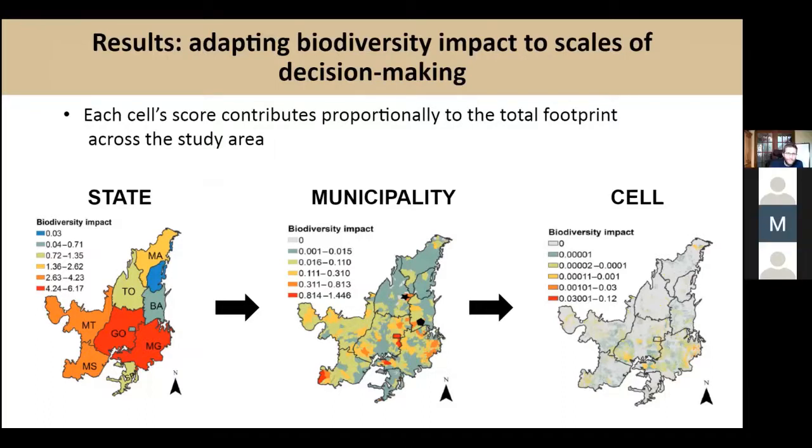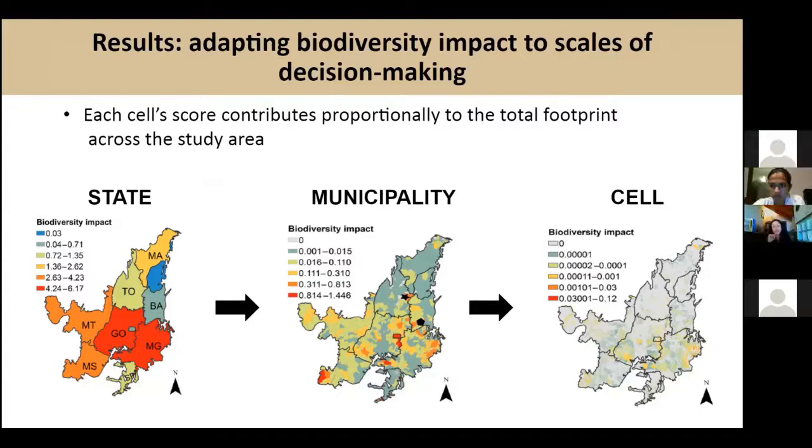However, if we move to the municipality level, we see that the distribution of this impact is not homogeneous at all. Indeed, there are some municipalities that become very important hotspots of impact. If we look at the case of Tocantins, which is the green state with a TO at the top, at the state level it doesn't have a very high impact relative to other states.